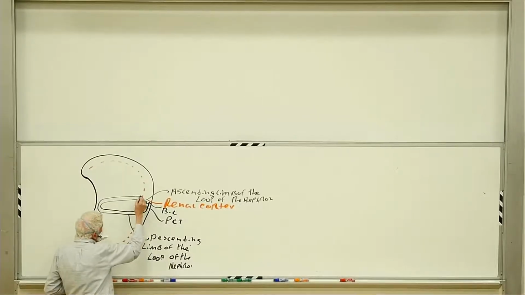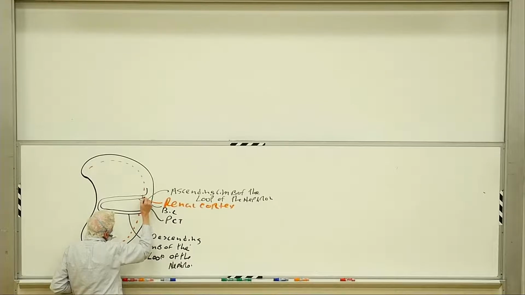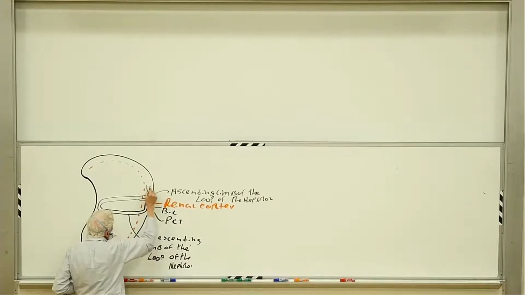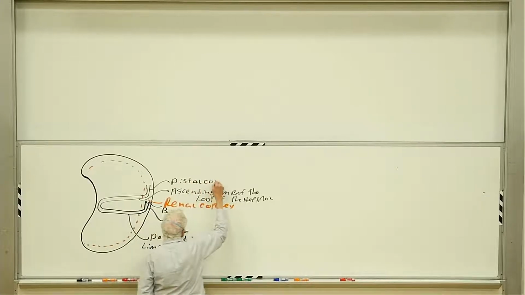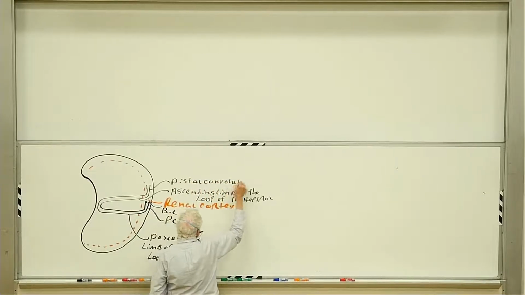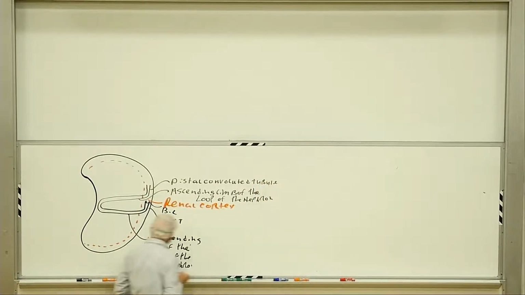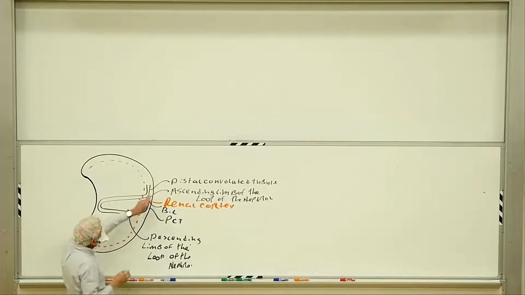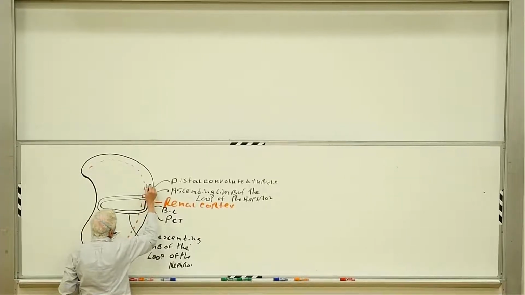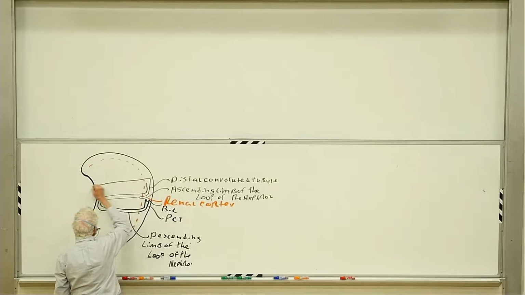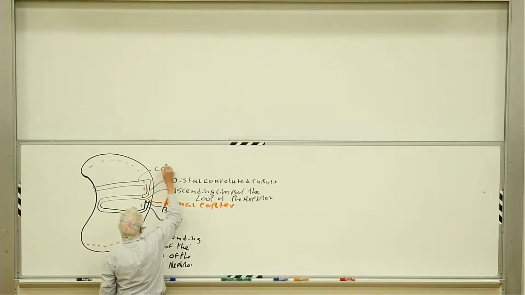So the ascending limb then ends up here, emptying into this structure known as the distal convoluted tubule. This convoluted tubule is in the cortex. In the cortex, it empties into this structure known as the collecting duct.